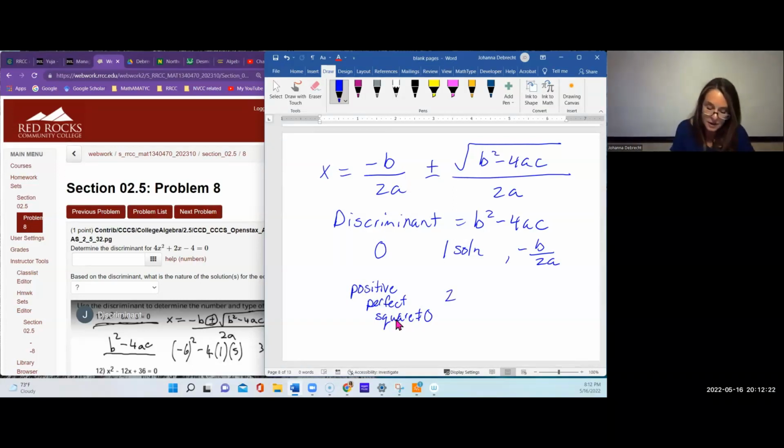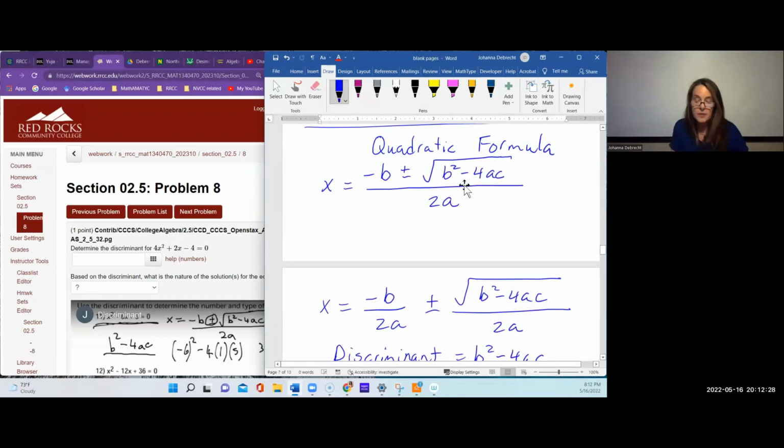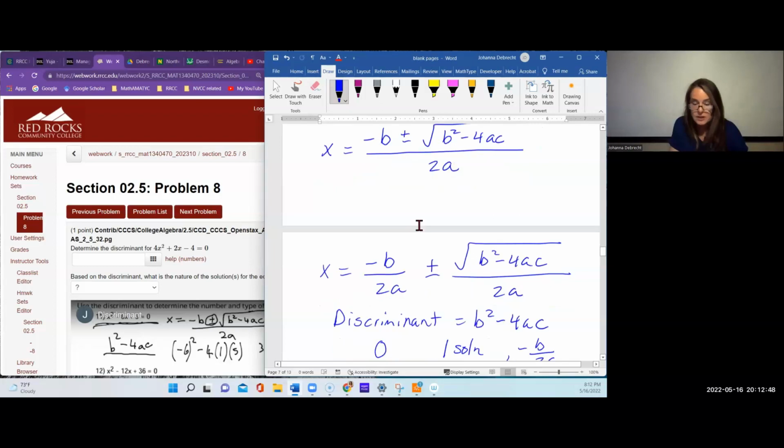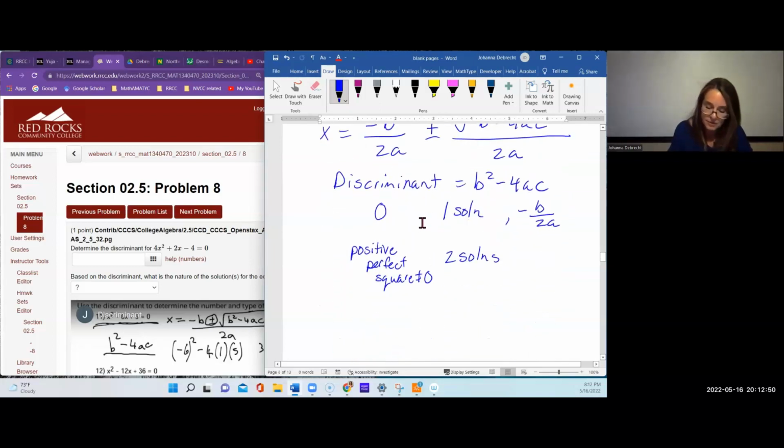In this case, we get two solutions, which are given by the equation that you see here, or in its alternate form here. Since it's a perfect square, the square root of it will be an integer value or a rational number. And then when we add it to an integer or rational value and divide by an integer or rational value, we get another integer or rational value, which means that we get two solutions, but they're rational numbers.